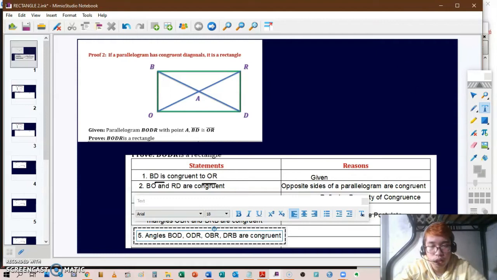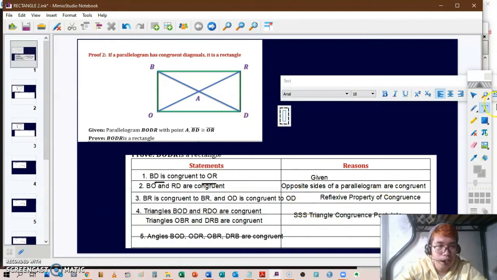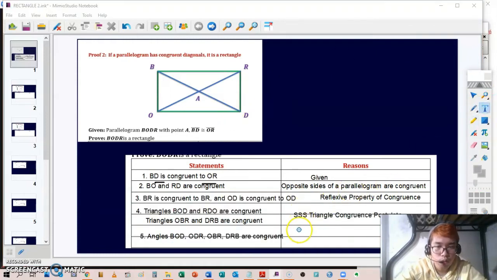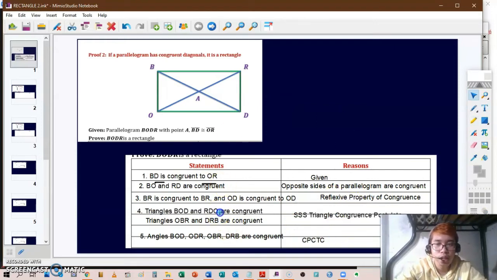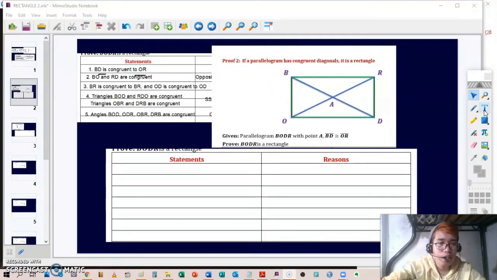All of them are congruent because of CPCTC, or the congruent parts of congruent triangles are congruent, because I've already established that these four right triangles that we found inside of this parallelogram are congruent to each other.